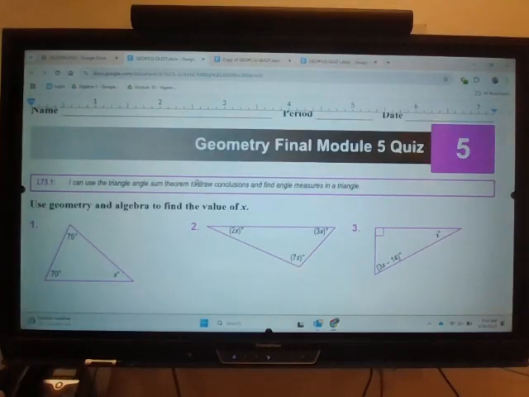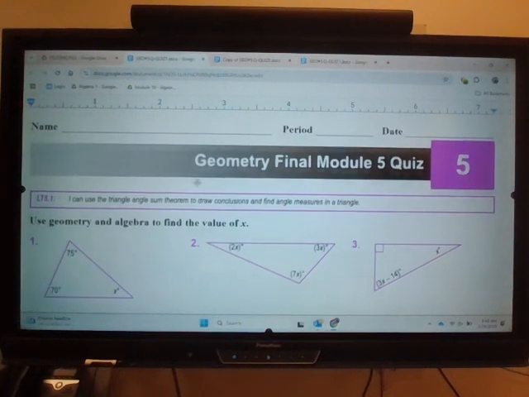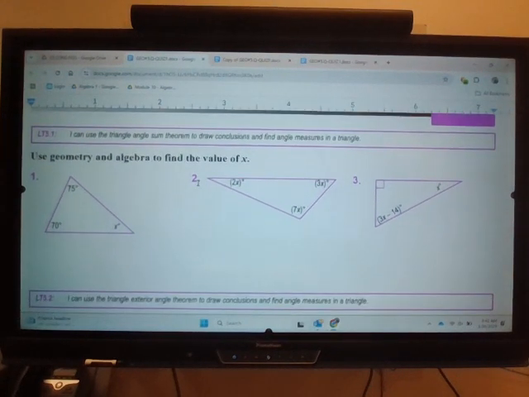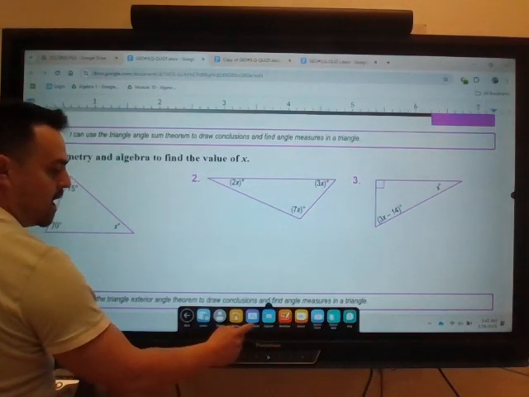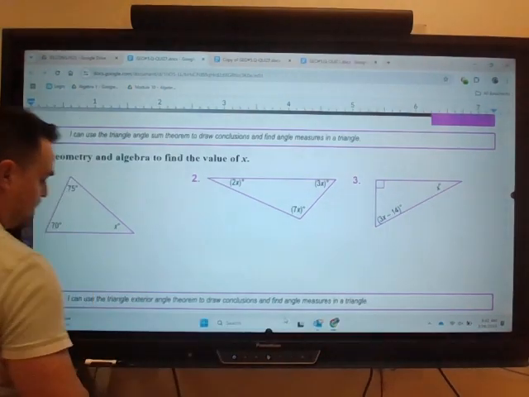So starting with number 1, here, 1A, B, and C, all require you to know that the addition of all the angles within a triangle add up to 180 degrees.